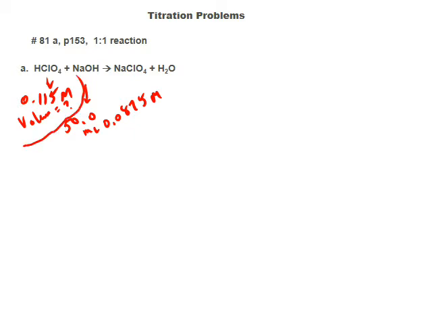In this particular problem, they didn't give you the reaction. Even though I wrote down the reaction, I would like to explain how we came up with the products. In HClO4, you can think of it as splitting into H plus 1 and ClO4 minus 1. And NaOH, you can think of as Na plus 1 and OH minus 1.